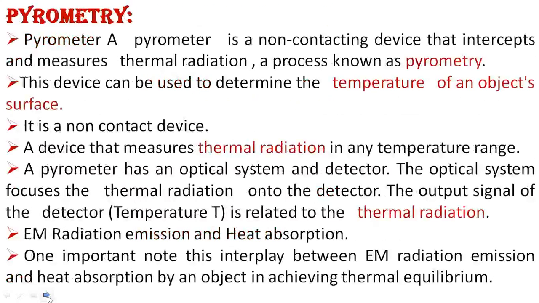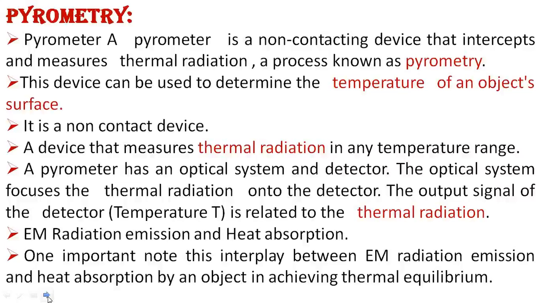Next one is pyrometry. A pyrometer is a non-contact device that intercepts and measures thermal radiation, a process known as pyrometry. This device can be used to determine the temperature of an object's surface. It is a non-contact device that measures the thermal radiation in the temperature range. A pyrometer has an optical system and a detector.